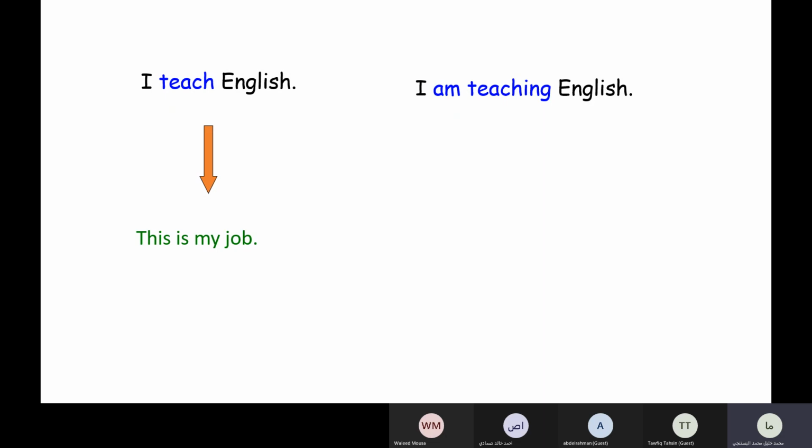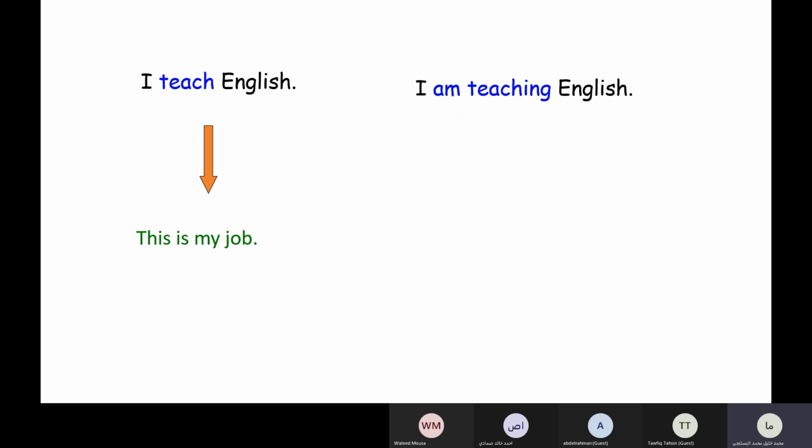Yes, this is a temporary situation, an exception, not permanent, temporary. Ali lives in London, but this year he's living in Paris. Just this year, then he will be back in London.